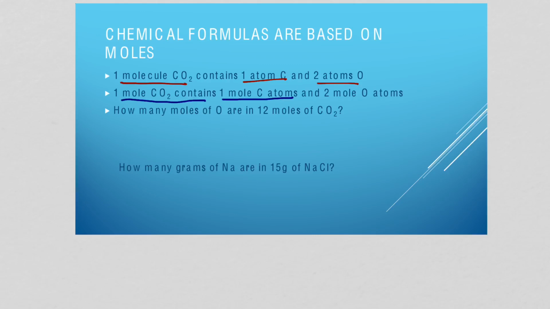And of course, that means I would have 2 moles of oxygen atoms. So that formula can also represent how many moles of the individual atoms are in every mole of compound.